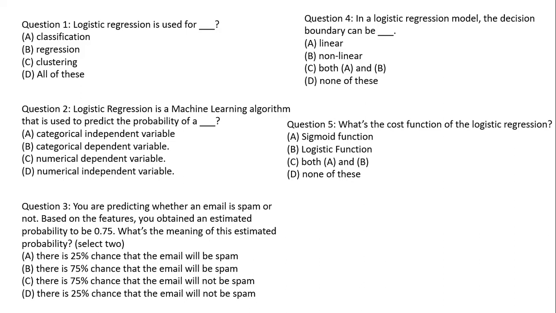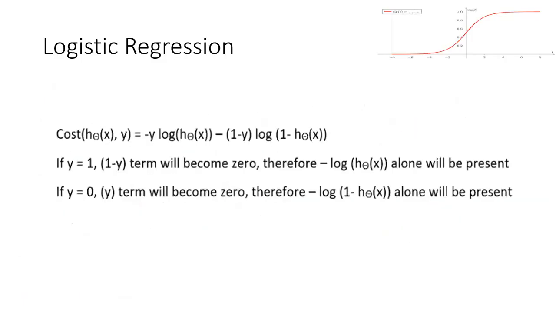Now tell me, what's the cost function of logistic regression? C, both sigmoid and logistic function. What did we say the cost function of logistic regression was? We wrote that down, right? One minute. Okay, this is the combined cost function. So is this the sigmoid function? You think this is sigmoid?